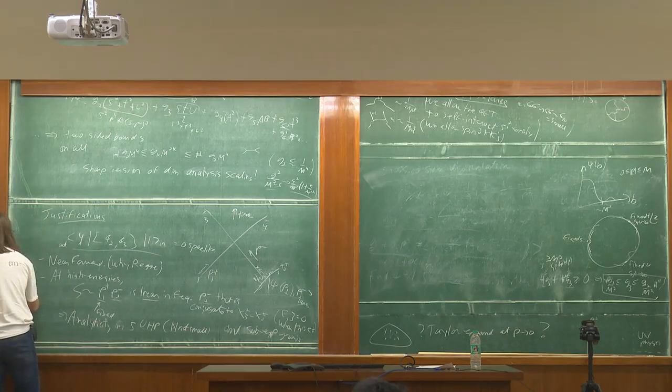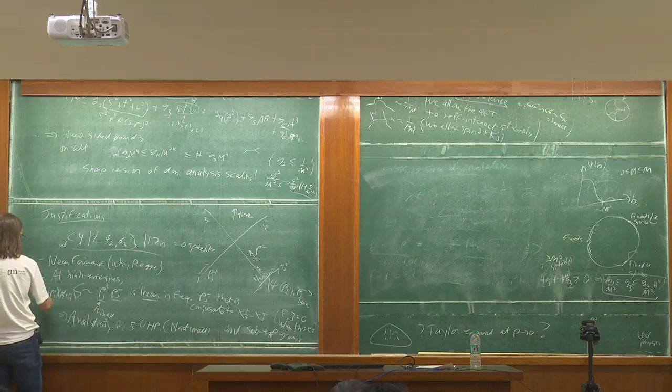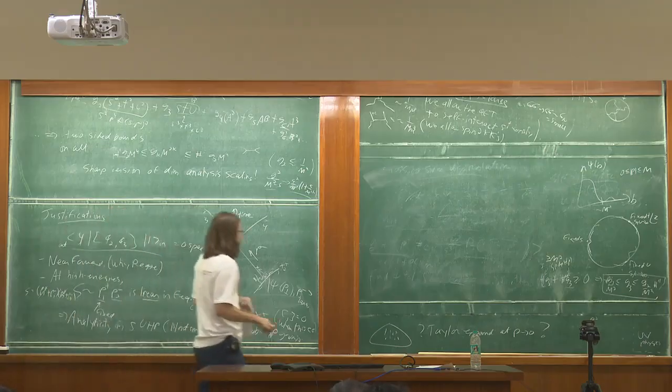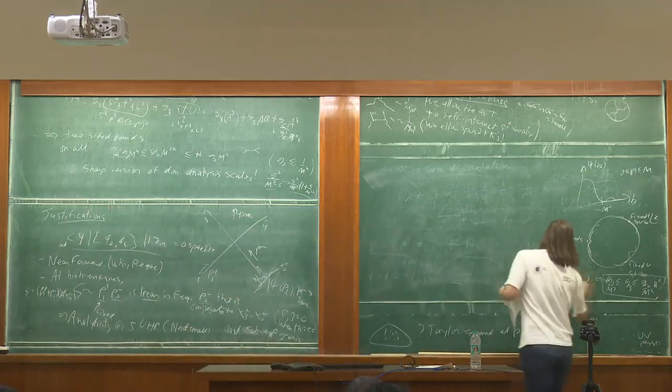So S is like P1 plus P1 minus times P2 plus P2 minus, and one of these is large and the other is small, so it's just a simple product. Yeah. Great. So that's the logic.